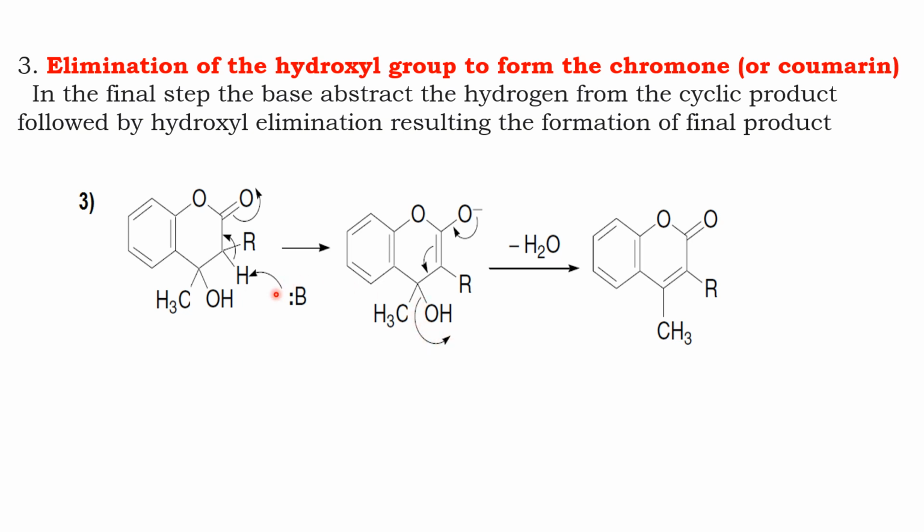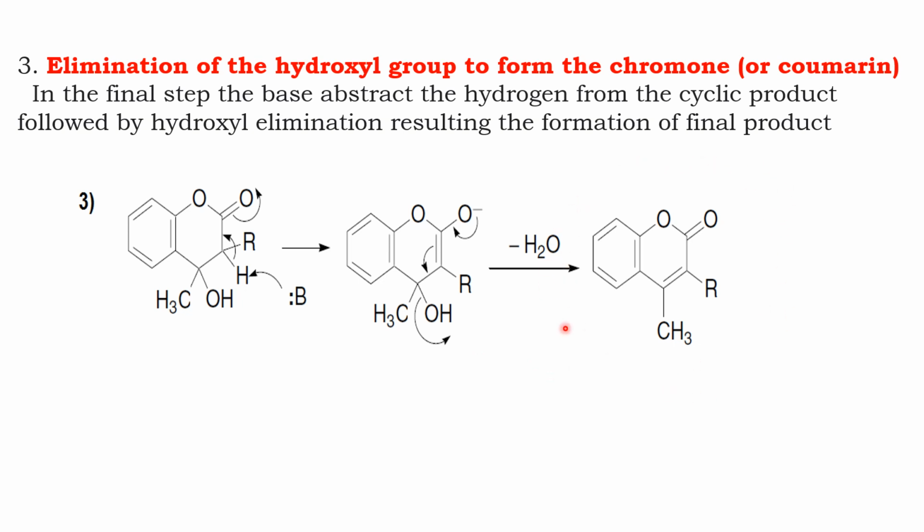Check again. See, a base is coming. Base will abstract the H plus ion and the bond will be shifting towards here. As a result, O minus will be formed. The pattern will be reversed. The minus ion shifts the electrons to the carbon double bond. The carbon-carbon double bond shifts the electrons towards this particular bond and OH minus is eliminated out, resulting in the formation of the final product.